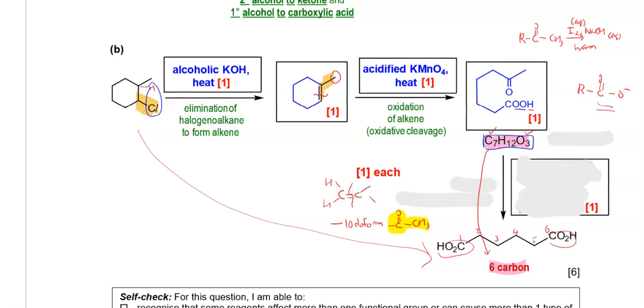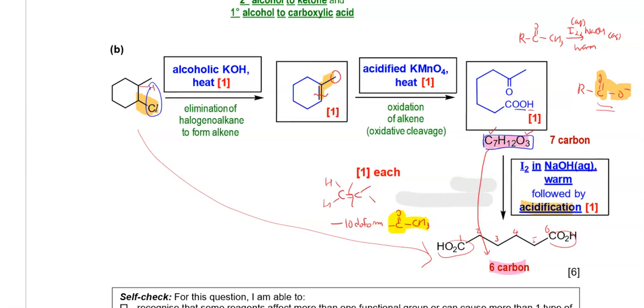So the RCOO minus can be easily converted to RCOOH via protonation. So in this case, take a look. I'll use iodine in NaOH, warm, just like I do iodoform, and then I do acidification. Why? Because I need to convert the COO minus to COOH. So this is your oxidation involving step down.